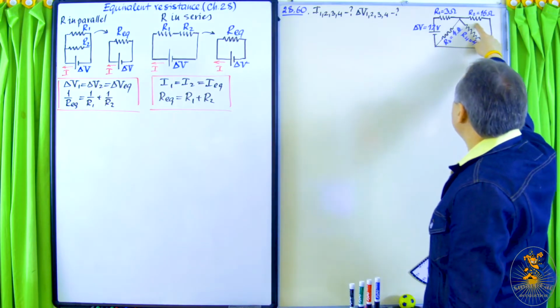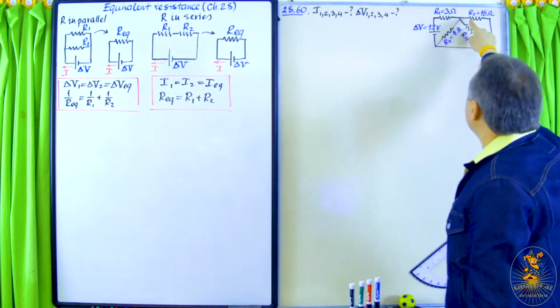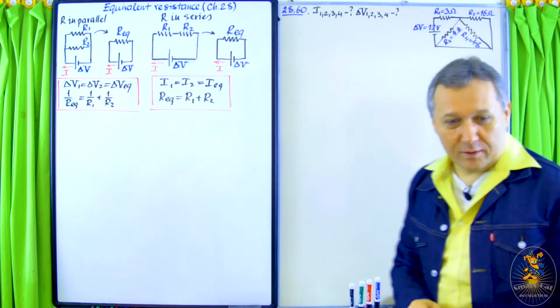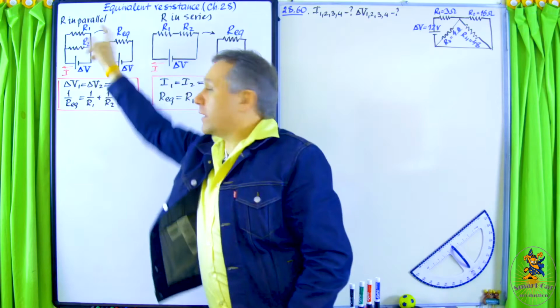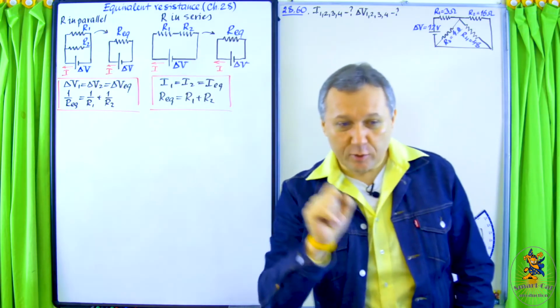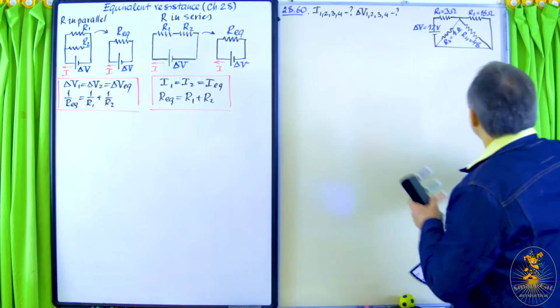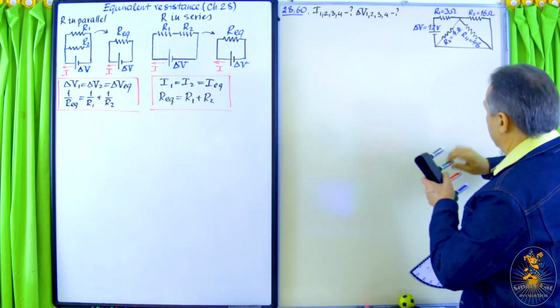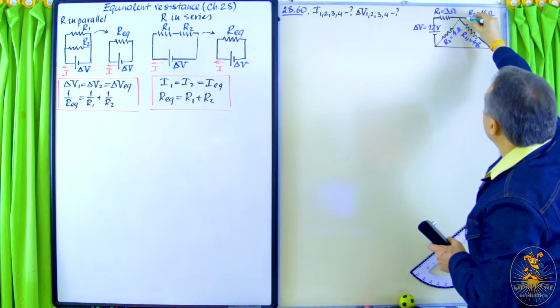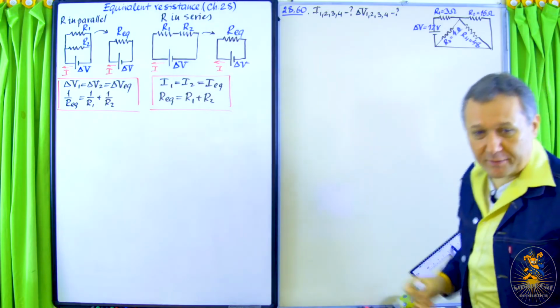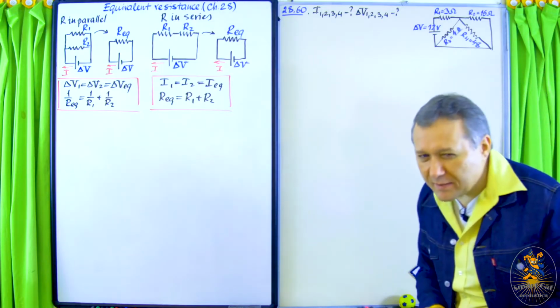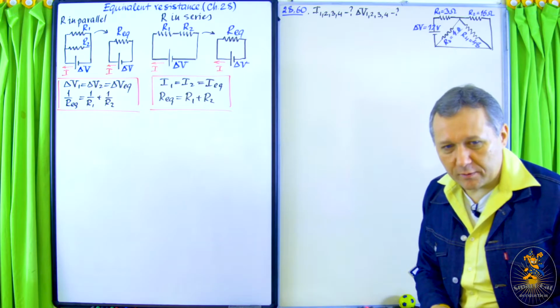So what about R2 and R4? Right now they're not drawn like this, but let's look at the potential difference across them. Over here, this point and that point, sort of above the resistors, are they at the same electric potential?